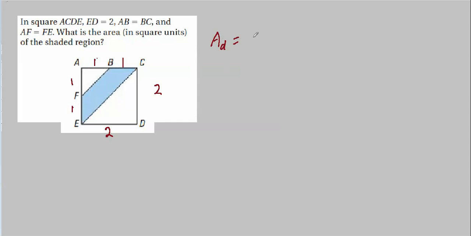Well, that should be the area of the square minus, well, if I call this triangle 1, T1, and this triangle 2, then we have to take the whole square, subtract off the area of triangle 1 and the area of triangle 2. So if we take the whole square and subtract off this triangle and this triangle, what's left will be the area of that diagonal strip.